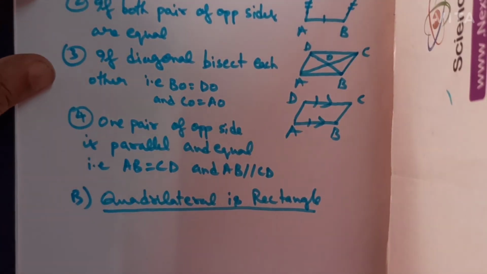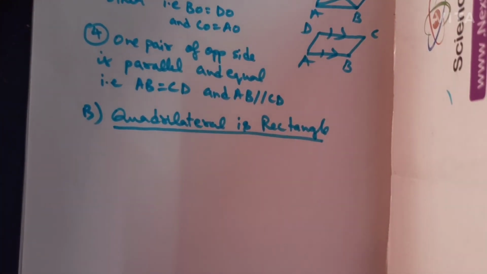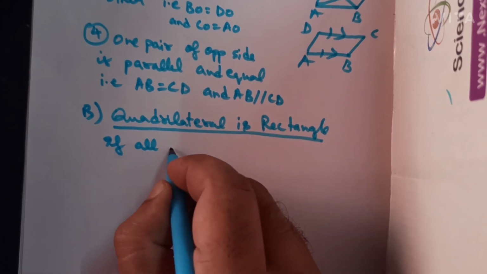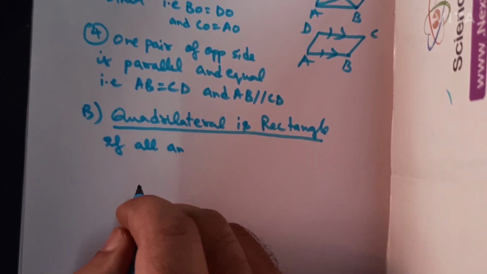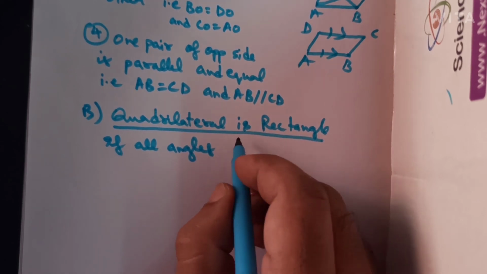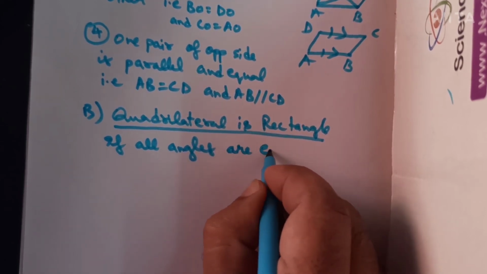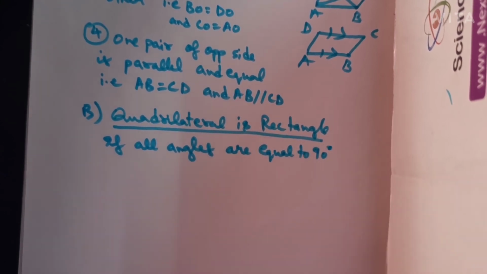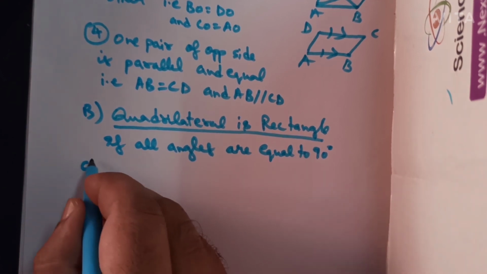Now if we want to prove that the given quadrilateral is a rectangle, if all angles are equal to 90 degrees, then the given quadrilateral is a rectangle.